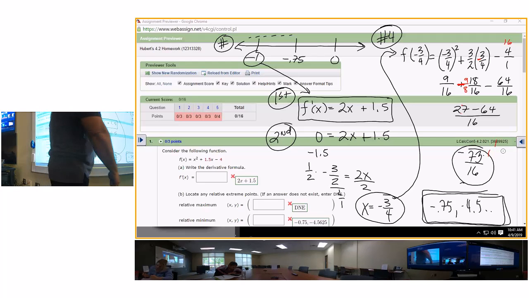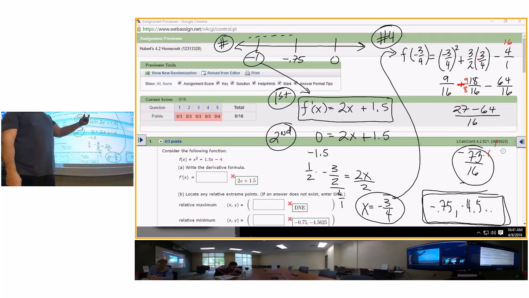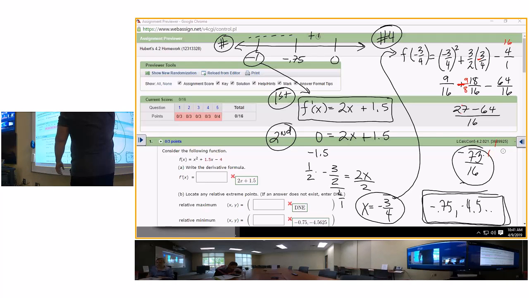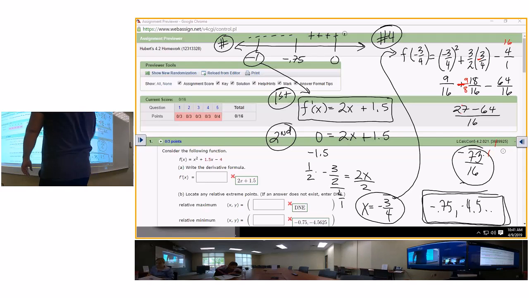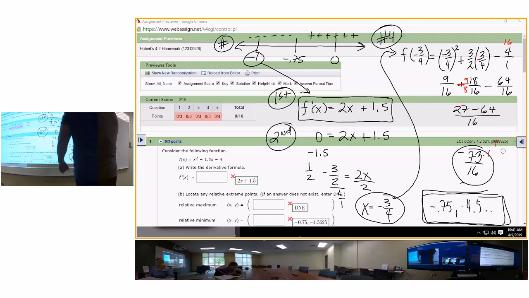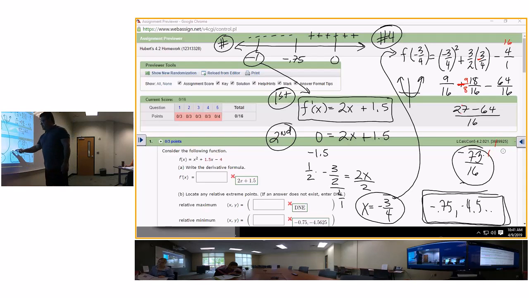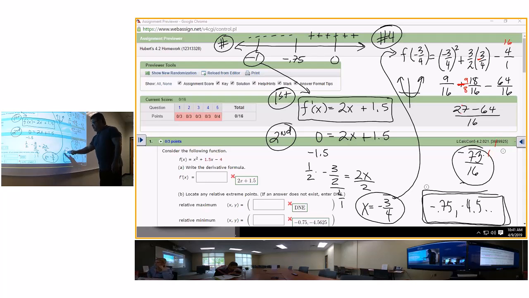What about 0? 0 times 2 is 0, plus 1.5 is positive. So what is this function doing from left to right? Decreasing and increasing, so it's opening upward. So at that point, you know this is not a max, but a min. And that's what they're wanting you to be able to do.